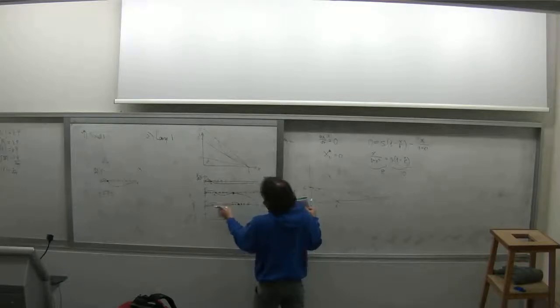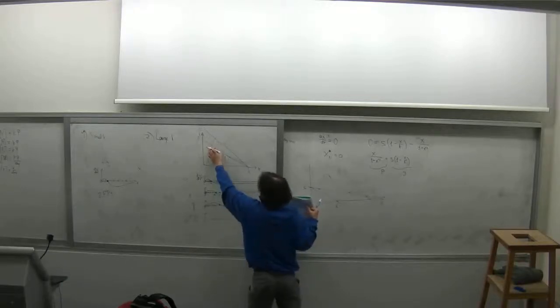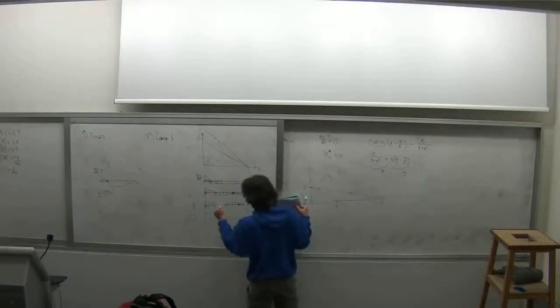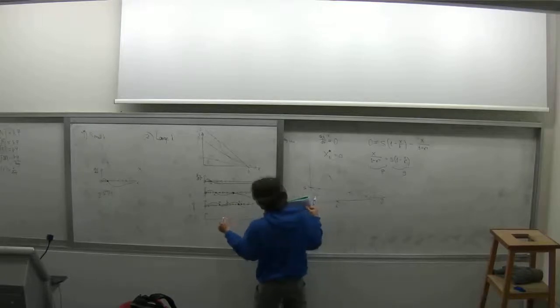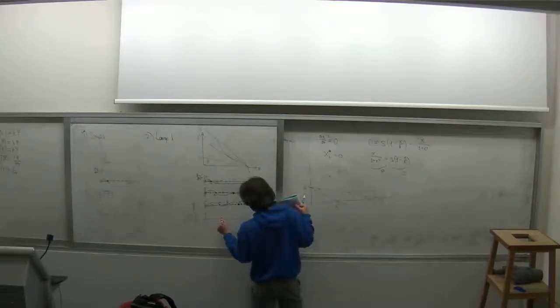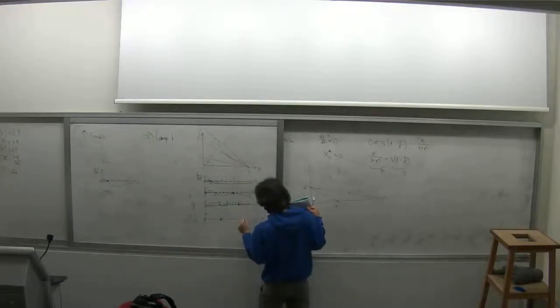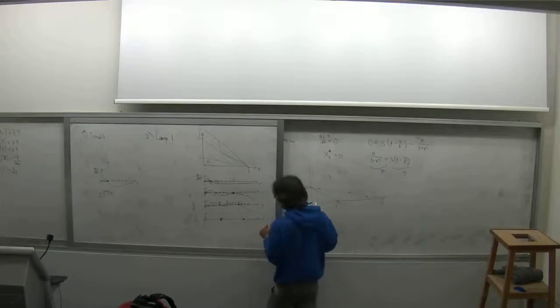And so this intersection is the result of the merging of two fixed points. This was A, B, and C, so A and B merge. And C still exists, it's shifted to a higher x.